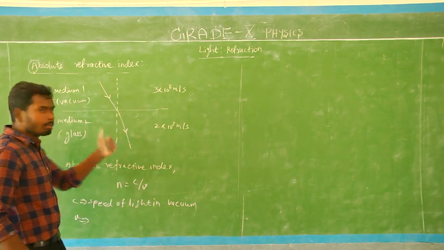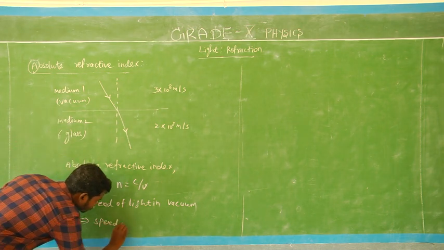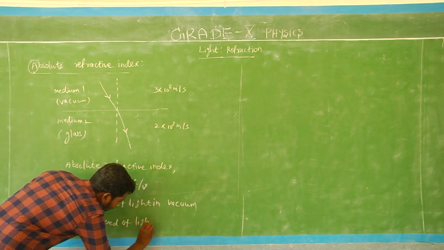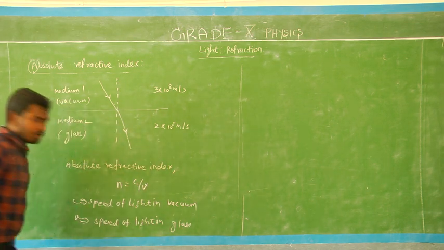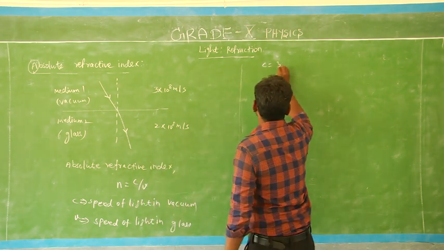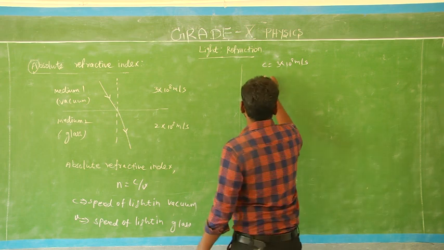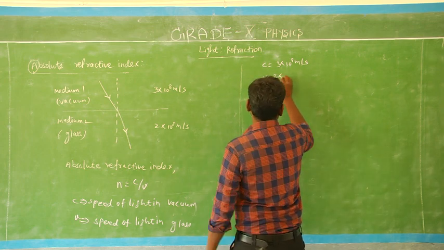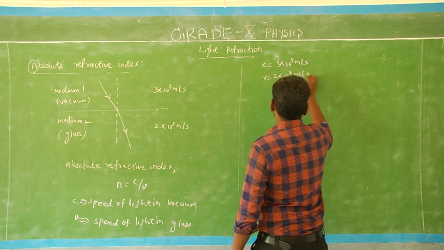Here the medium is glass, so the speed of light in glass. We already know the C value is 3 into 10 to the power of 8 meter per second, and the V value is 2 into 10 to the power of 8 meter per second.